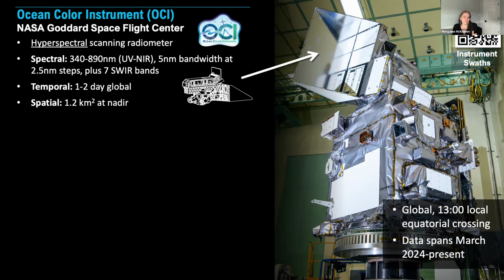The Ocean Color instrument was designed with a really high dynamic range. So OCI is getting us phenomenal data of the ocean, which is a dark target, but it was also designed to get great data for very bright cloud tops. So that's going from a very dark target to a very bright one, which of course means we're also getting fantastic land data as well.